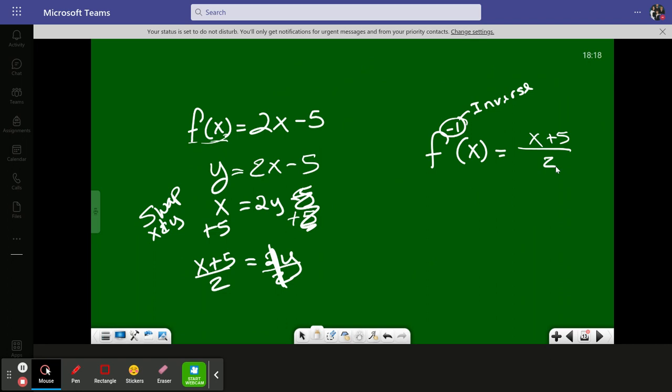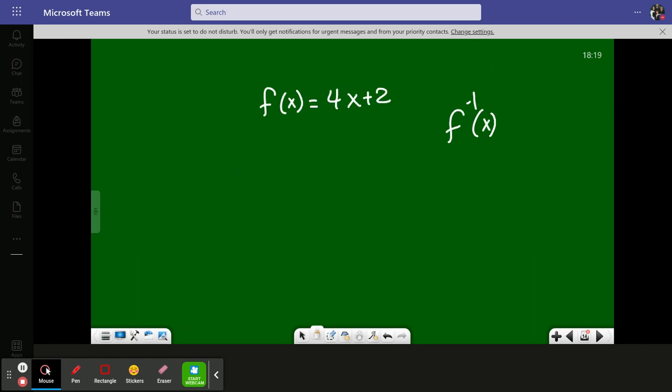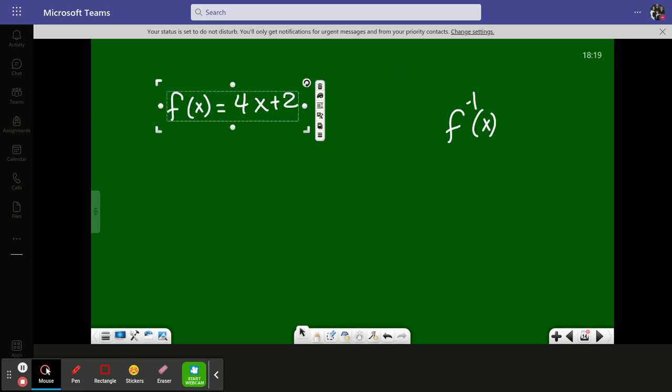We're still just going to swap that x and y, and then we're going to solve for y. Okay? Try it at 4x plus 2 for me. Swap x and y and solve for y.